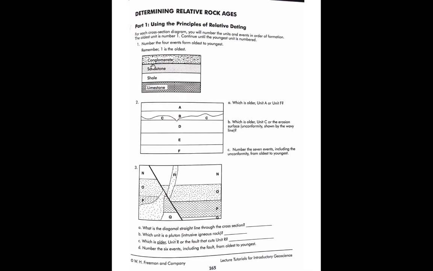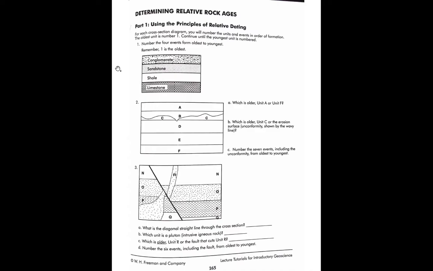These here, conglomerate, sandstone, shale, limestone, are all types of sedimentary rocks, which I'm sure you know, being champions of Lab 9, learning about physical geology. But it's the idea that all of these would have initially formed in this flat horizontal way.